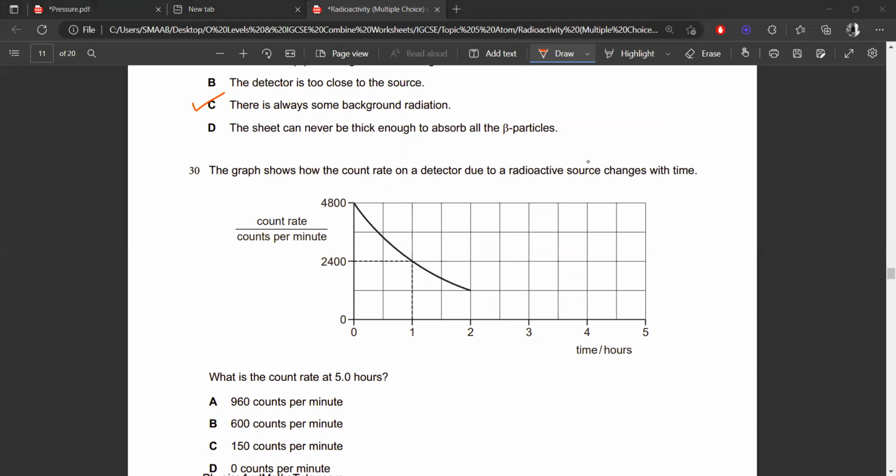It will be C? Okay, C is the right one. 150 counts per minute.